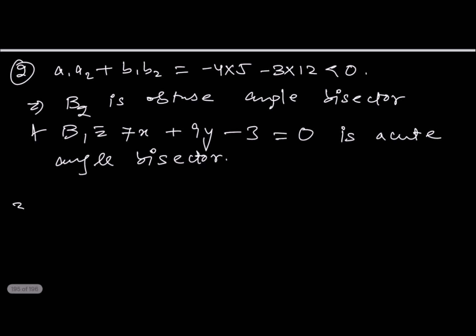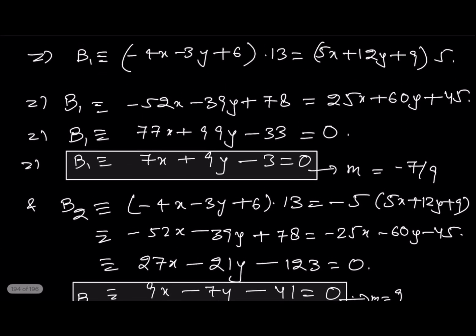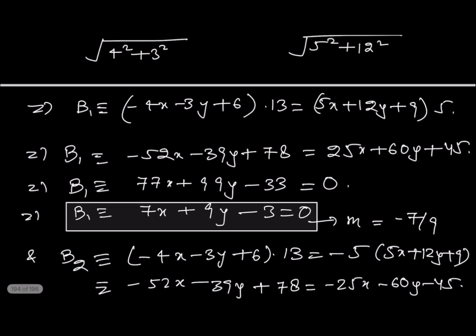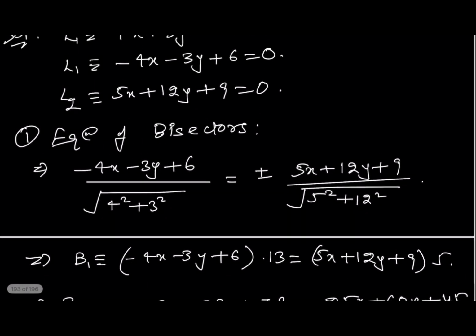Now point number 3 is which bisector is having the origin. So L1 of (0, 0) into L2 of (0, 0) means I have to put 0, 0 in place of x and y in lines 1 and 2.